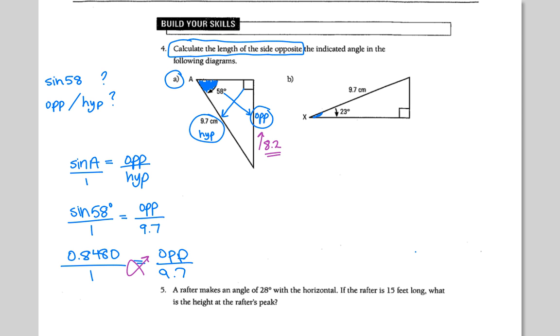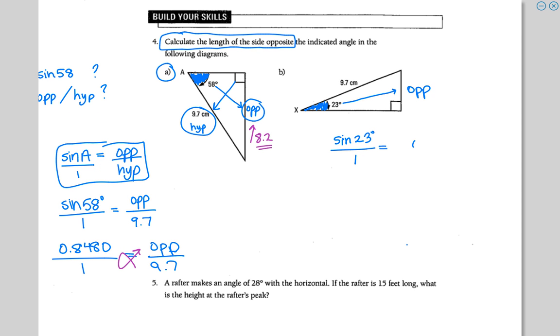Going to use this angle here, 23 degrees, so I know that it's going to be sine 23 degrees over 1 equal to op over hype. So I'm still using this formula over here. The opposite is on top, and if I go straight across, they're referring to this side here. So op is unknown, and if I go straight across the 90, this is the hype.